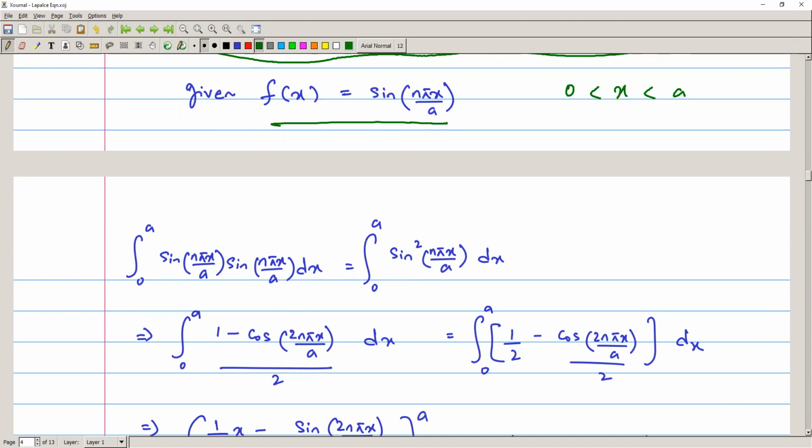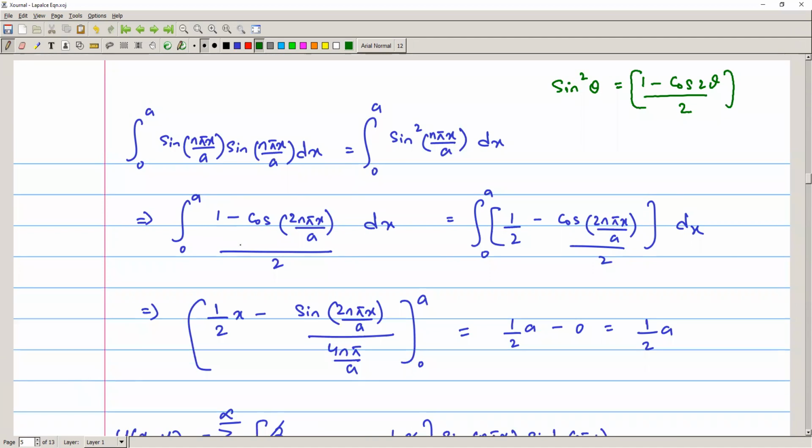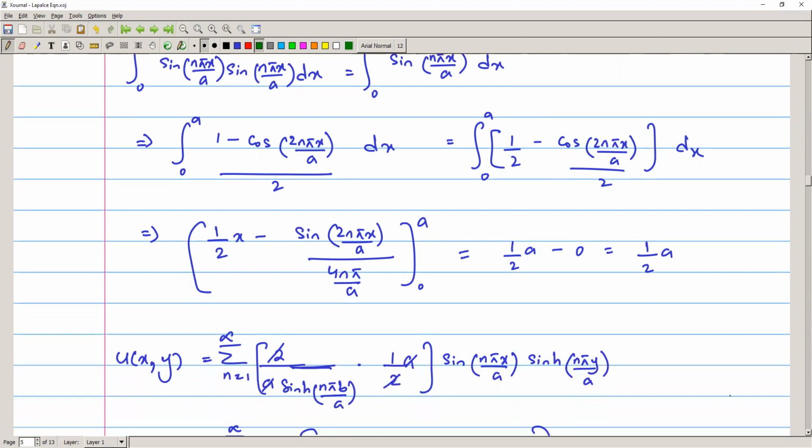Using the angle identity that sine squared theta is equal to 1 minus cosine 2 theta divided by 2, we get 1 minus cosine 2n pi x over a divided by 2, that is 1 over 2 minus cosine 2n pi x over a divided by 2.